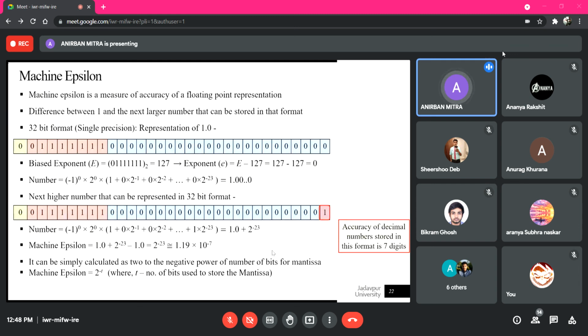The last bit of the mantissa in the 32-bit format is the 23rd place. In the 64-bit format, it is going to be the 52nd place.